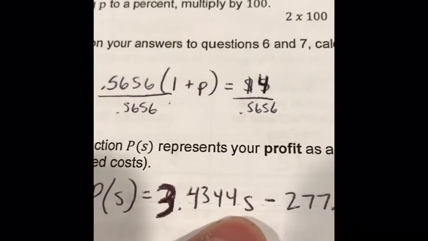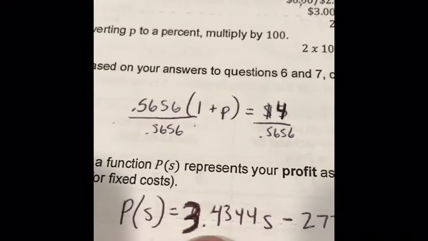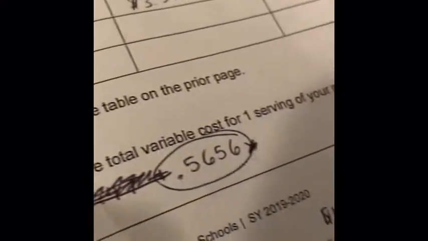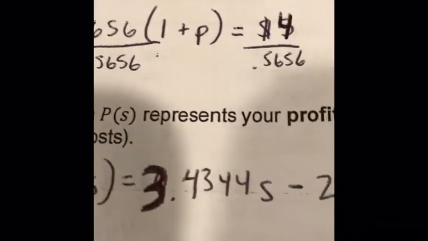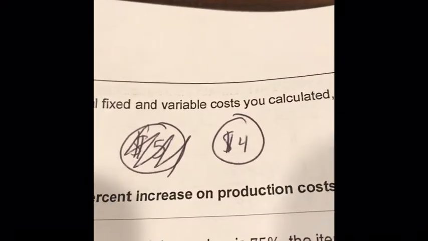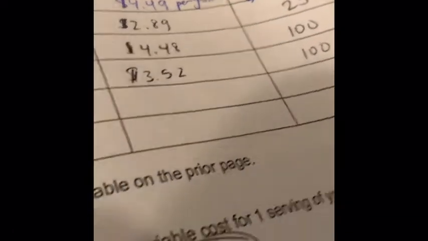So I know this looks like a 5, it's an S. The number here is what I got by taking the $4 from my price, subtracting it with number 6 on the back, the variable cost, which I got by adding all that up. And one more time, this number right here, I got from taking number 7's answer, my price, subtracting it with the variable cost. So that's my function.